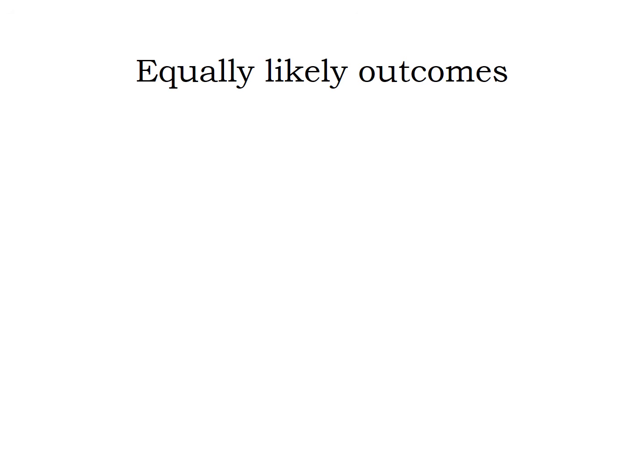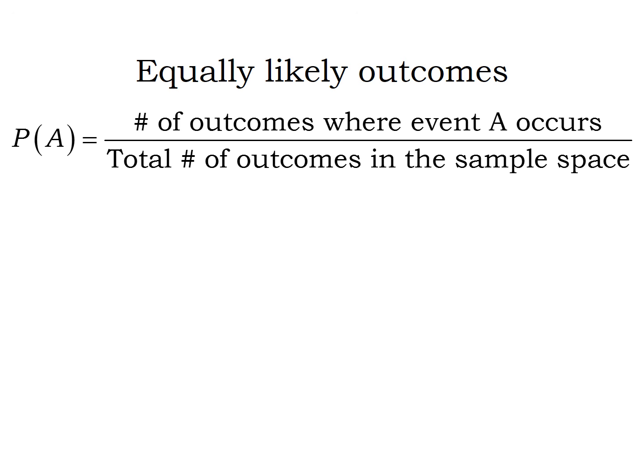So if we're in a situation like we have been, where all of our outcomes are equally likely, that is, when we roll our fair die, the 1, 2, 3, 4, 5, and 6 all have an equal chance of being the outcome that we get. Okay? In this case, the probability of some event A is equal to the total number of outcomes where event A happens, divided by the total number of outcomes in the sample space.